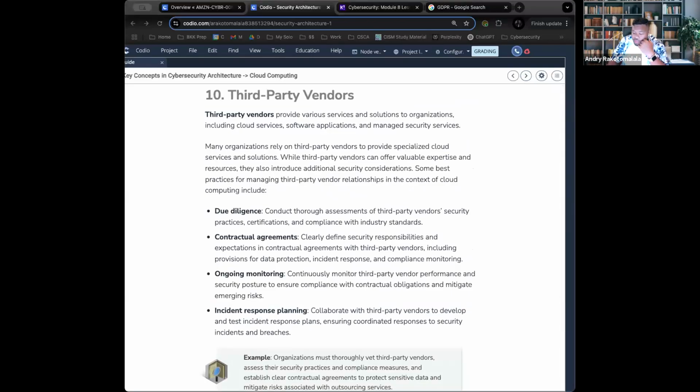I think one of the last slides we'll touch on is third-party vendors. So what is a third-party vendor? A third-party vendor is essentially when a company hires outside services in order to accomplish a specific task, like a payroll provider or software vendors. A very simple example is a job board.